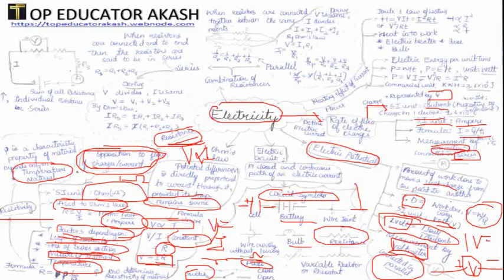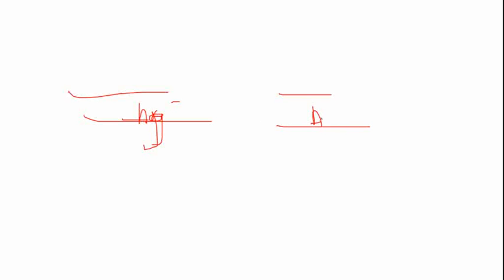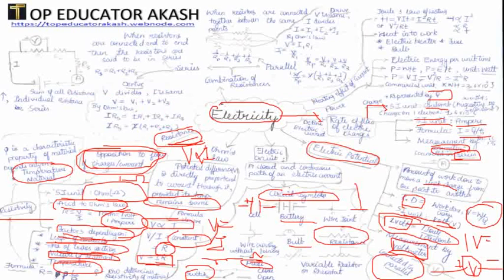So if the material is silver, then its resistivity will be constant. And suppose it is gold, then its resistivity will be different. So we can say that resistivity varies from material to material.